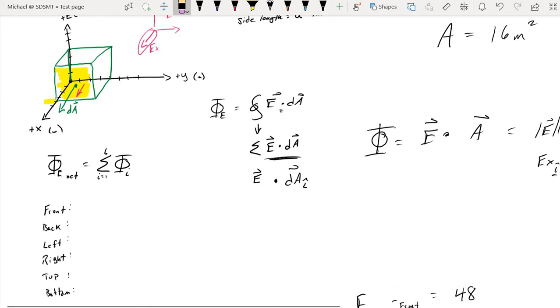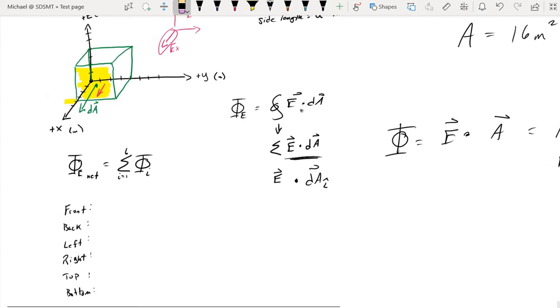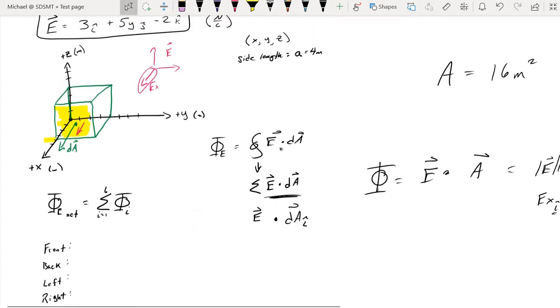We know that for the front face of this cube, only the x component of electric field is actually going to pass through that front face because the front face is pointing in the x direction. And we know now that the flux for the front face comes out to be 48.